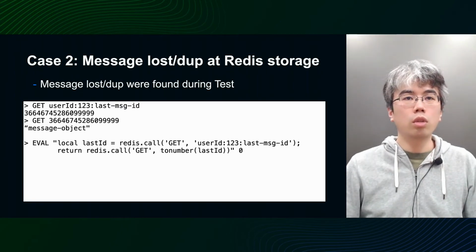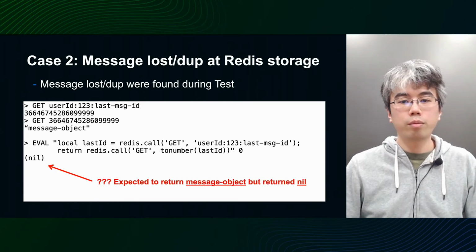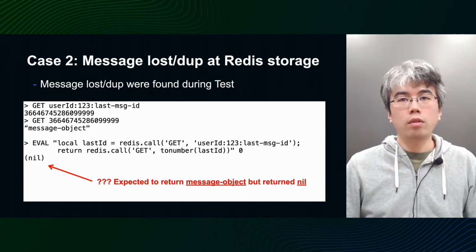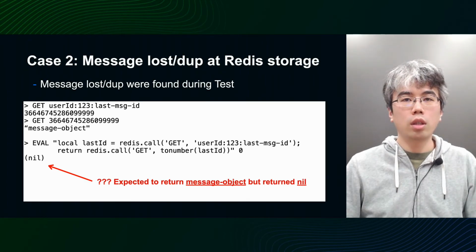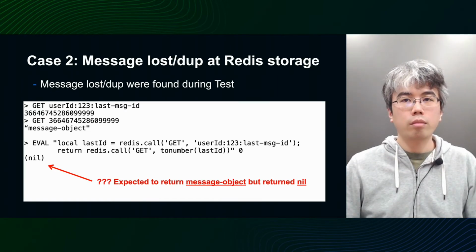At first glance, this raw script seems to work well, but when I tried to run it, something was wrong. The above two gets actually returned an object, but the actual raw script did not. In other words, the message was not found.